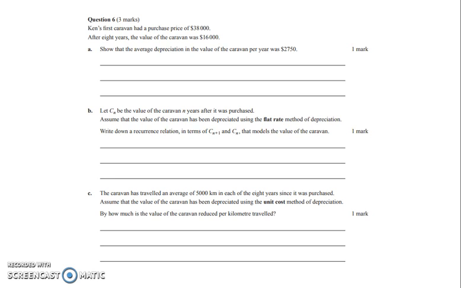each year. So the first thing you need to do is work out how much the car has actually depreciated by. So we started at $38,000 and it is now worth $16,000. So in those 8 years, the car has actually dropped in price by $22,000. So that's how much the car has gone down by.